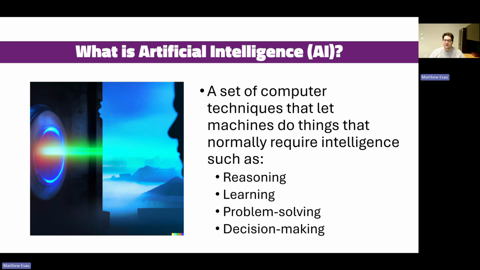Things like reasoning, things like problem solving, things like learning new things rather than just following programmed rules as computer software has been since it first sort of came out. It's always just running on rules. It's not really thinking or adapting or learning. These are things that AI has been able to help machines start to do, make decisions, things like this.